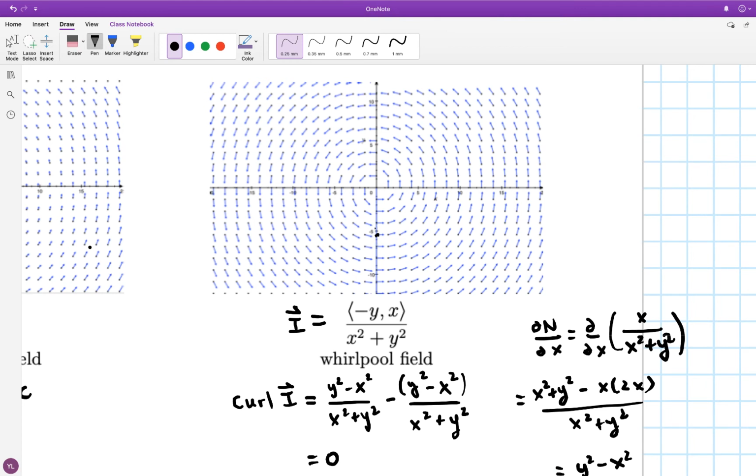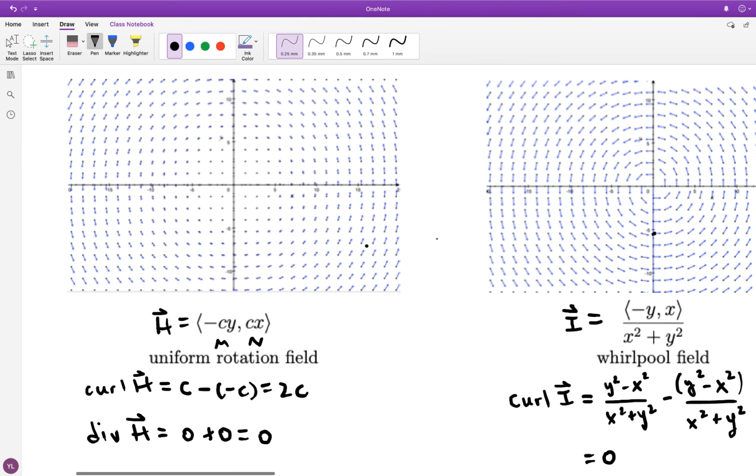But here, since we have all unit flow, the flow above it is exactly the same as the flow below it. So you're actually just getting this nice consistent rightward flow at this point. There's no spinning around that point.